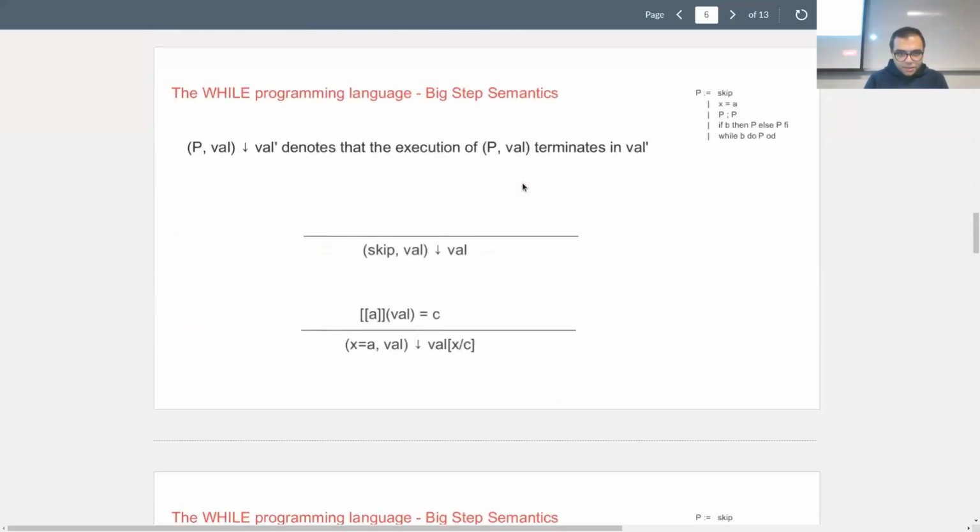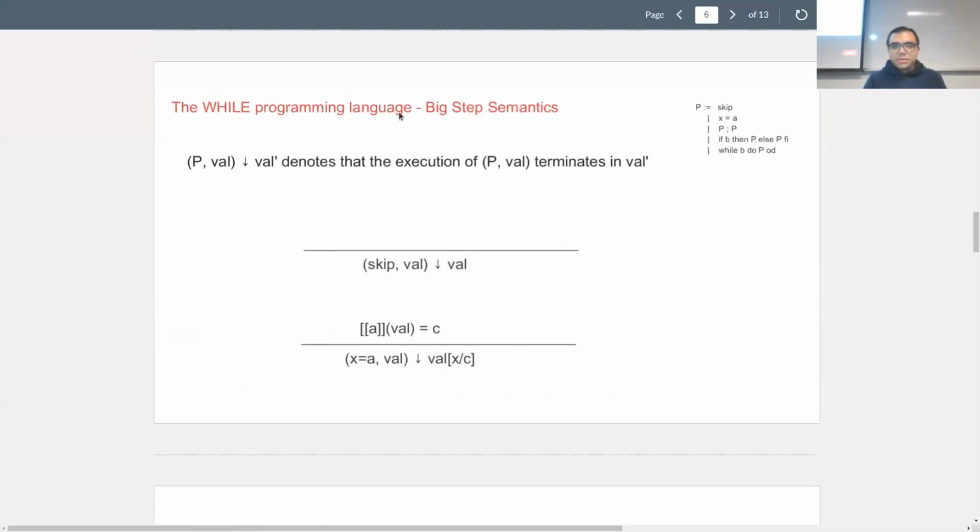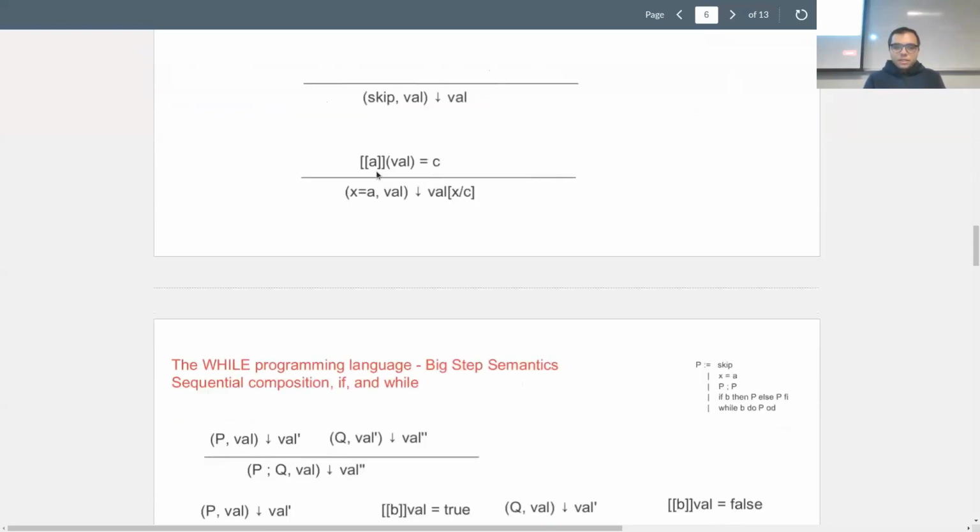Okay, so these are first the rules for evaluation. I don't care about those. I care about the rules for big step semantics. So for big step semantics, we said that if our program is just skip, it just terminates. If our program is doing an assignment, we have this rule.